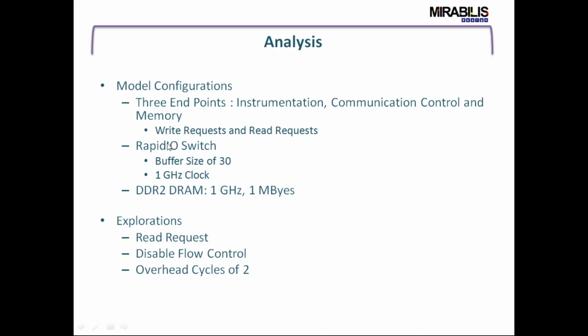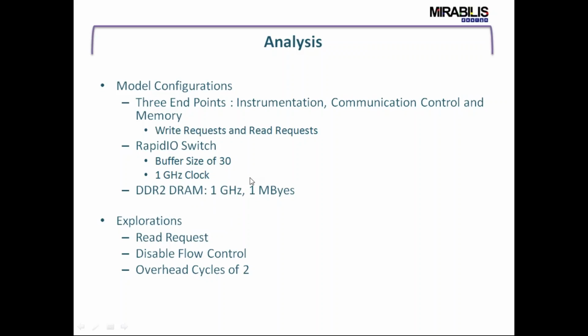The RapidIO switch that we have over here is an IDT-specific RapidIO switch, which has a buffer size of about 30, and it runs at 1 gigahertz of clock. And the memory itself is a DDR2 memory, which is running at 1 gigahertz.